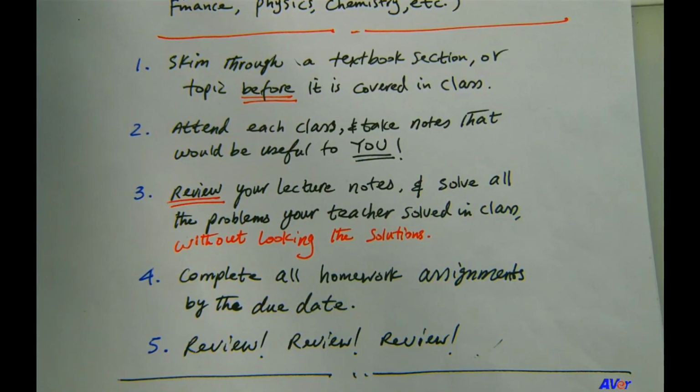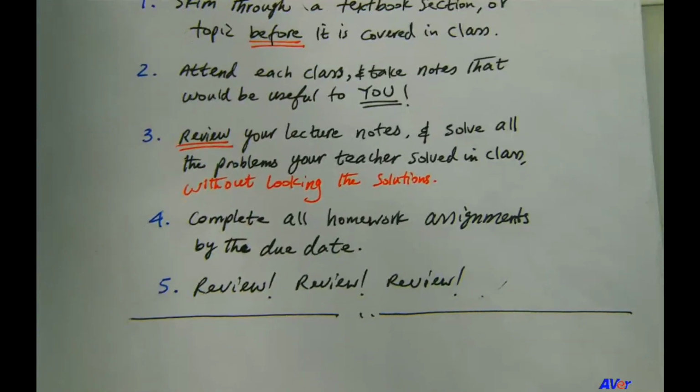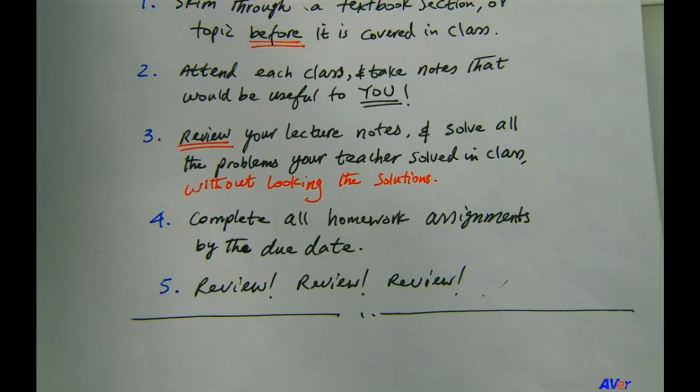And then, of course, review these notes and go over all the problems that are solved in the book in section 2.3, the solved problems, and solve those problems without looking at the solutions in the book. And return to this video and go over all the problems that I solve without looking at the solutions that I give during these videos.